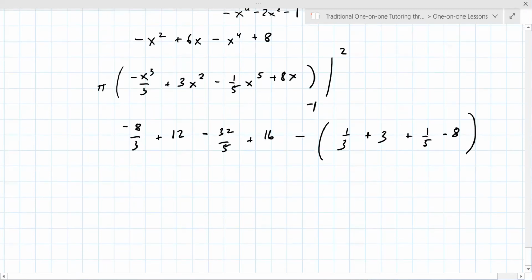So then the 12, the 16, and the 8 combine. So that's 20, 16, 36, right? Yeah, that's 36. And then the -8/3 minus a 1/3. It's minus 9/3. It's minus 3.